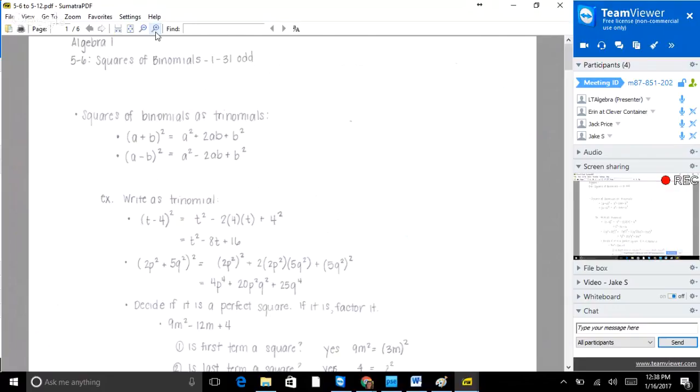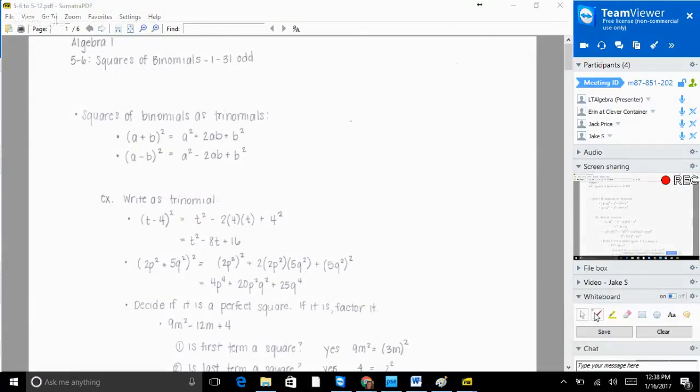So just to review for everybody, it's always good to review FOIL. When we have an equation, let me change to black here.